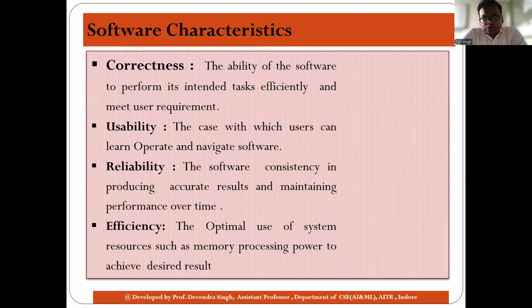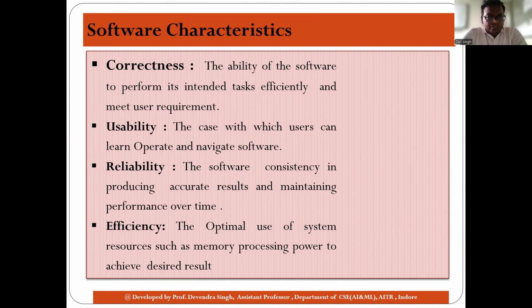Some characteristics of software. Very first is correctness, the ability of the software to perform its intended task efficiently and meet the user requirement. Suppose a user wants the table of three. The program should print the table of three effectively and efficiently, not seven or five or any other number.